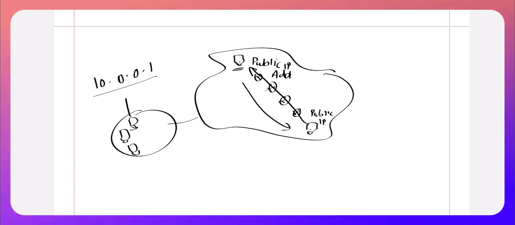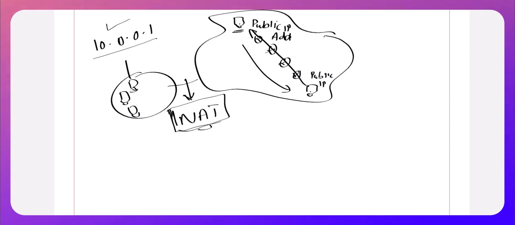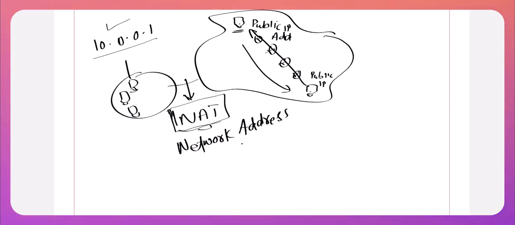But if you want to have internet on this address, then in the middle you need something called NAT. You need a server called a NAT server, sometimes we call it a proxy server. This does network address translation.